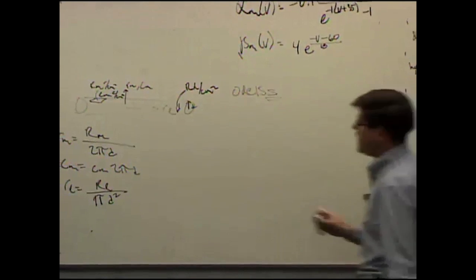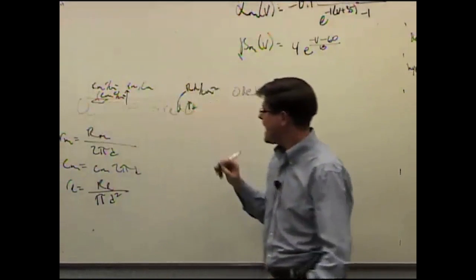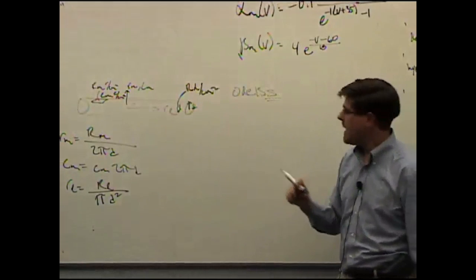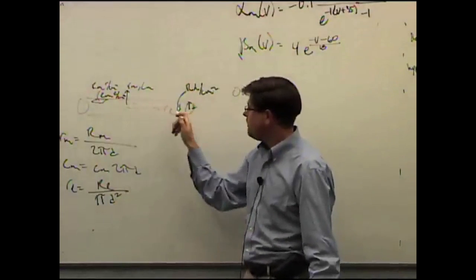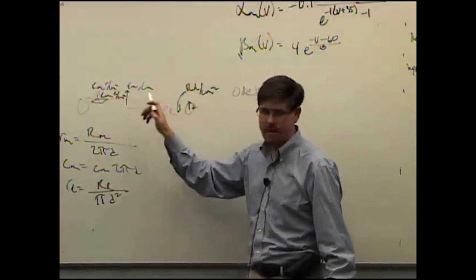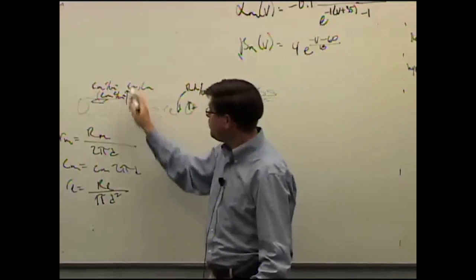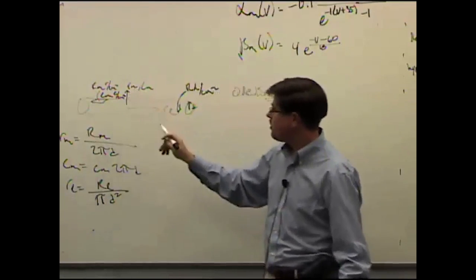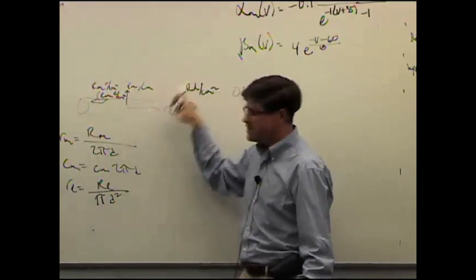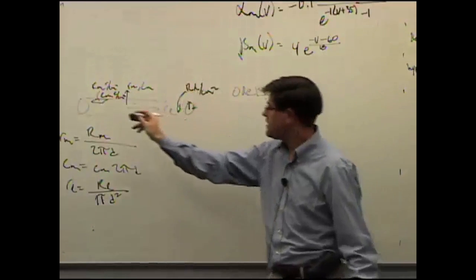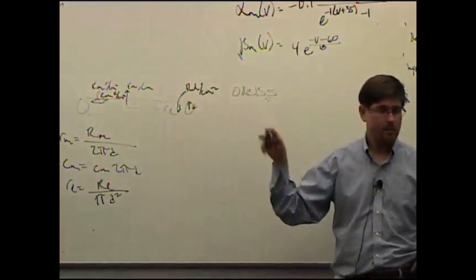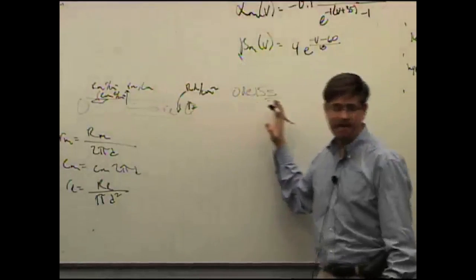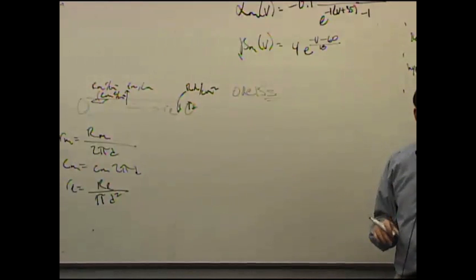So what we'll find is that how quickly an action potential travels down an axon will depend on the ratio of the axial resistance to the membrane resistance. The lower the resistance across the membrane, the more current is going to go out the membrane rather than down the axis, which means it's going to decay faster as you move down with distance.